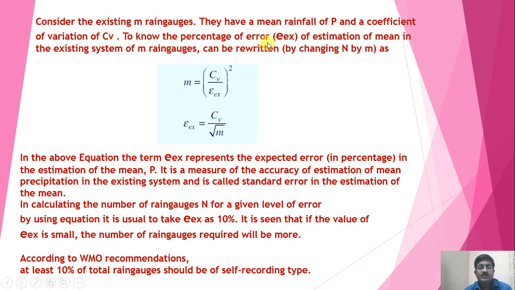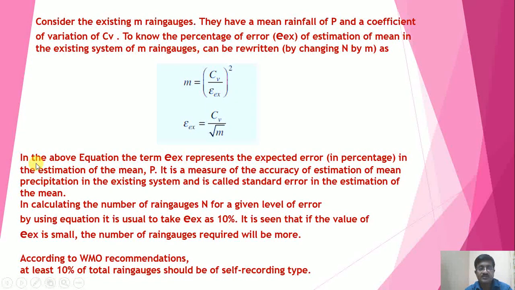The percentage of error E_X of estimation of the mean in the existing system of M rain gauges can be obtained by changing N to M: M = (CV/E_X)^2. So E_X = CV divided by the square root of M. So remember this.